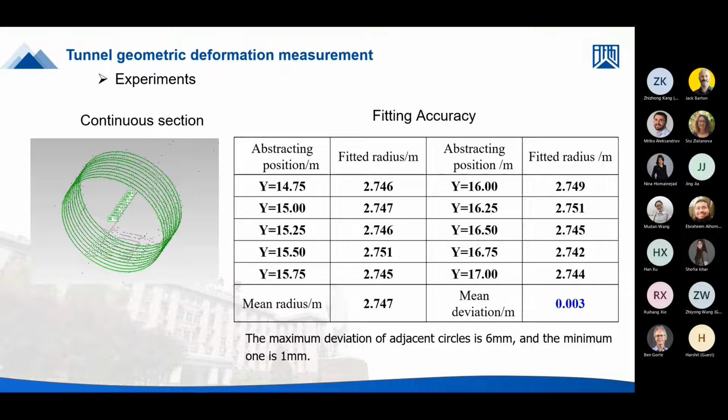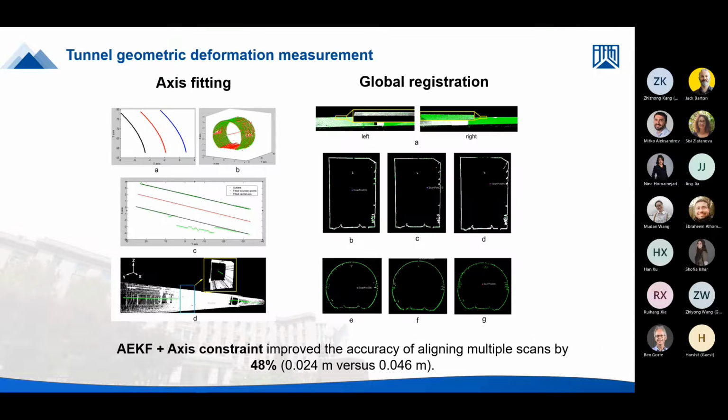Here is the accuracy comparison we conducted in a tunnel in Shanghai city. We have an average deviation of 3 millimeters, which can satisfy the application. Next. And this is also the axis fitting with the global restoration strategies.